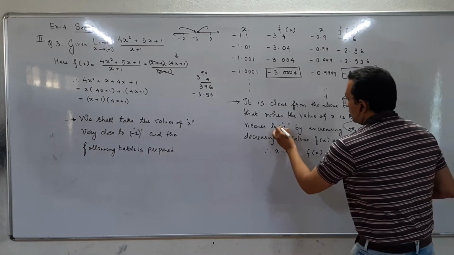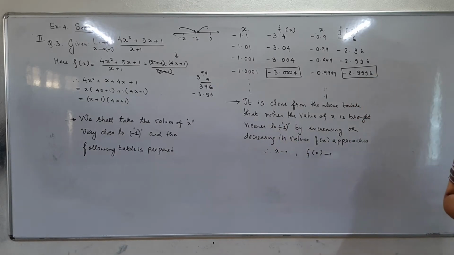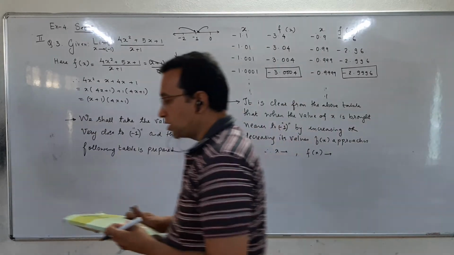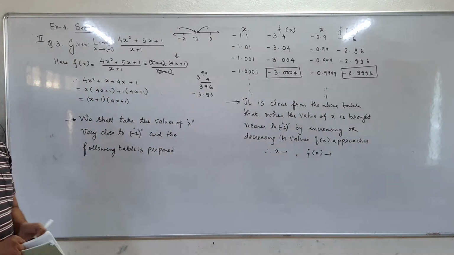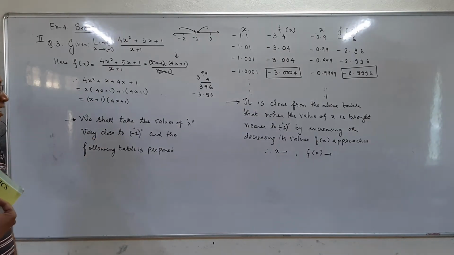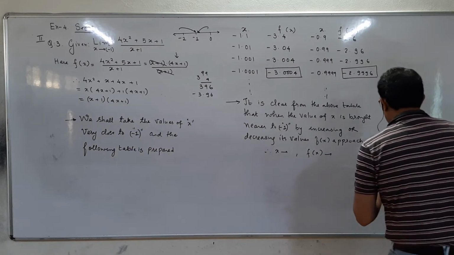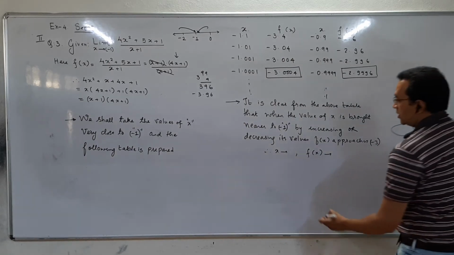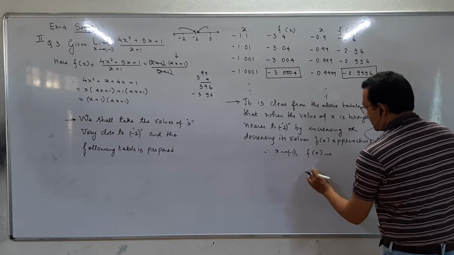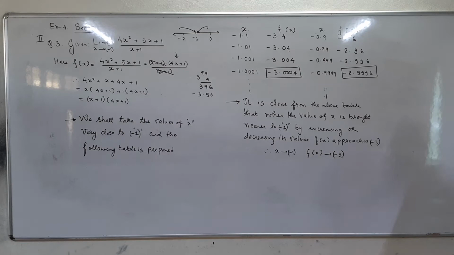So it is clear from the above table that when the value of x is brought nearer to -1 by increasing or decreasing its value, then f of x approaches -3. Therefore, as x tends to -1, f of x tends to -3.